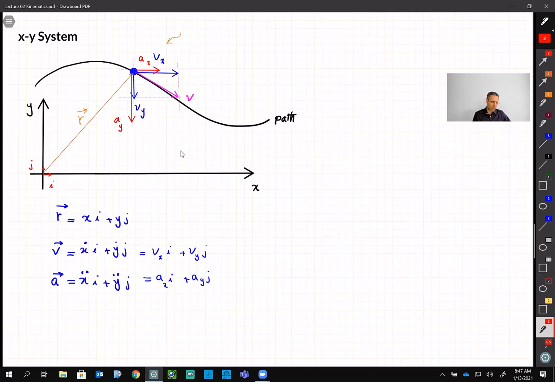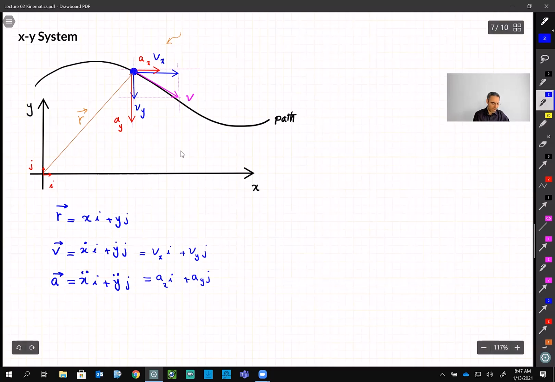So to summarize, when we have a curvilinear motion, we treat it in an XY system like two simple rectilinear motions, one in X direction and one in Y direction. Let's say you have a camera moving along X. It doesn't see anything in Y direction.